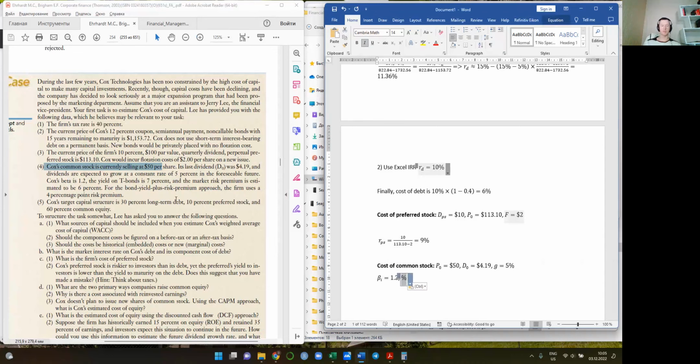So that's why we are talking about the risk-free rate, which is 7%, and the market risk premium. The risk premium of the market is estimated to be 6%. For the bond yield plus risk premium approach, the firm uses a 4 percentage point risk premium. So the risk premium is 4%.